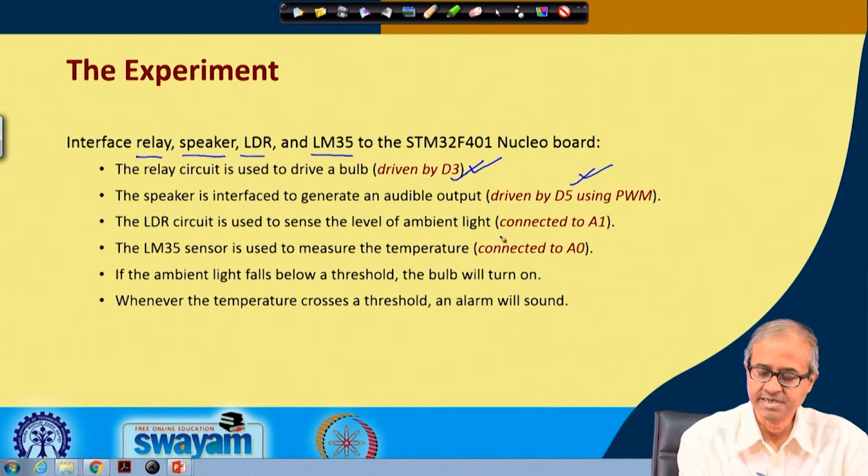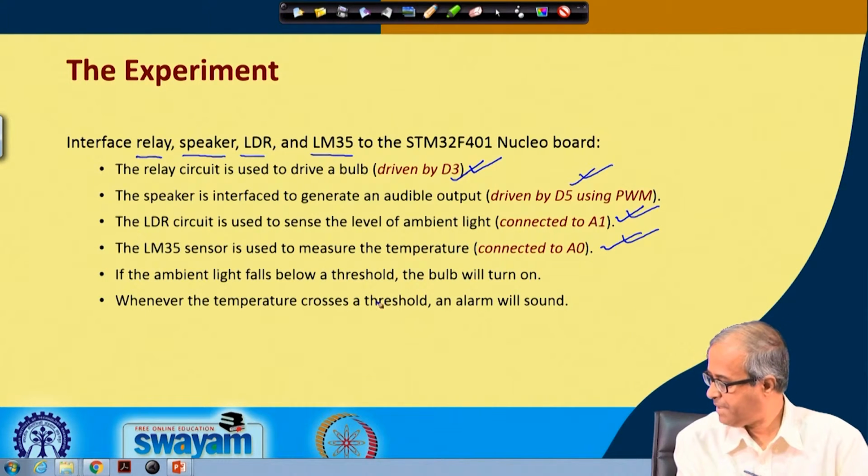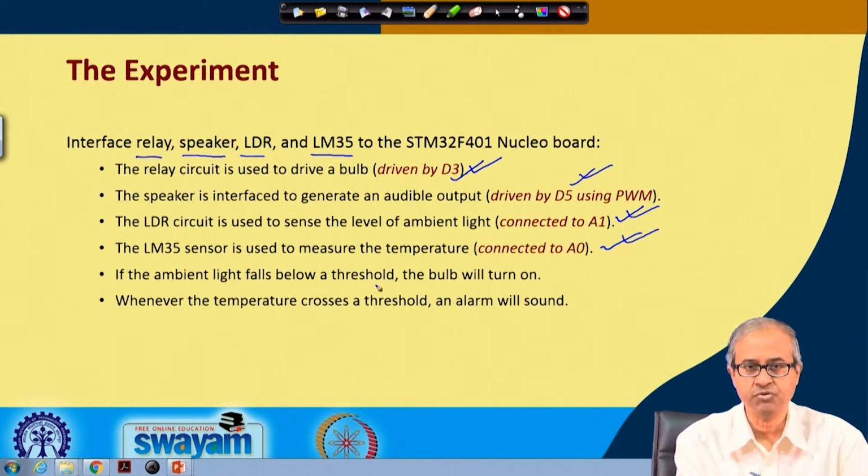The output of the LDR circuit will be connected to analog input A1, and the LM35 sensor will be connected to analog input A0. Now, if the ambient light input falls below a threshold, the bulb will turn on, and whenever the temperature crosses a threshold, the alarm will sound. Of course, in this experiment we will not be able to show you the variation in temperature, but at least the circuits and the way it works, you can understand that.